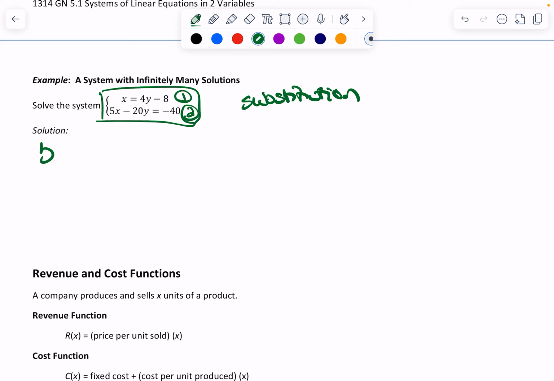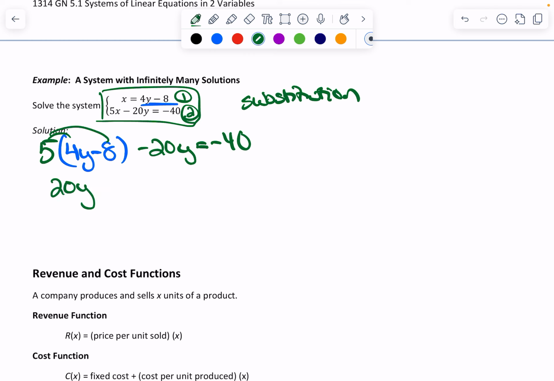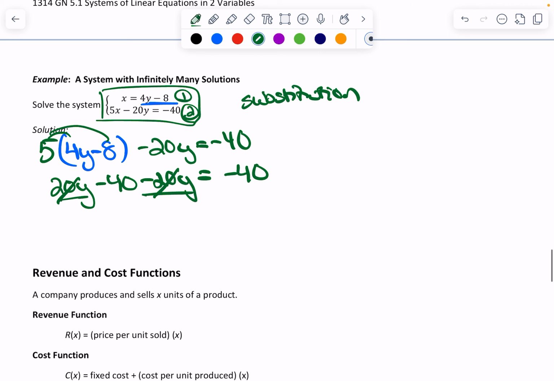So we've got 5 times, and instead of x, I'm writing 4y minus 8, minus 20y equals negative 40. Okay, now we're distributing. So 20y minus 40 minus 20y equals negative 40. Well, 20y minus 20y is 0. So they cancel each other out, and we get negative 40 equals negative 40.